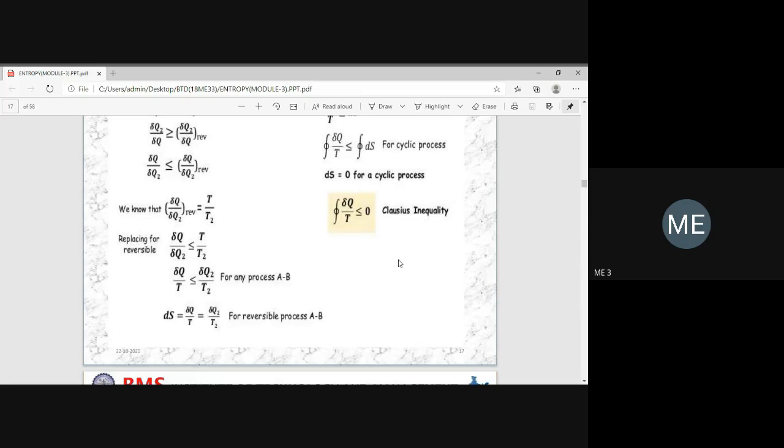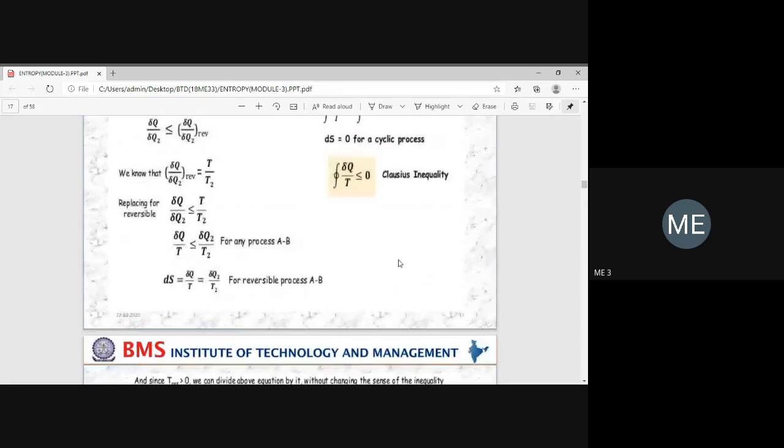Sometimes they may ask you to check the reversibility of a cycle by the Clausius inequality. That is the most important last step. If the cyclic integral of dq by T is less than 0, then the process is possible and irreversible in nature. If the cyclic integral of dq by T is equal to 0, then the process is possible and reversible in nature.